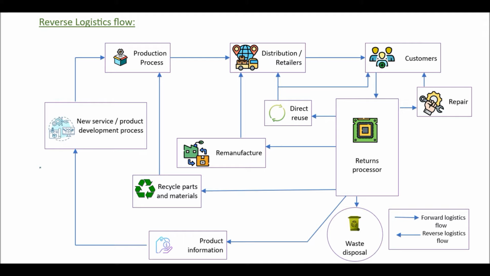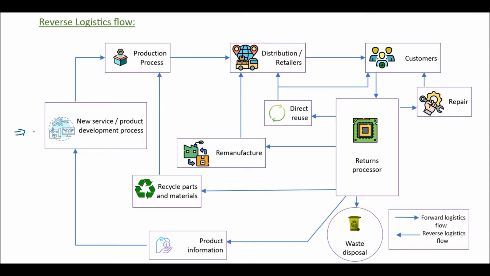So this is a typical closed loop supply chain, as you can see. Now as part of the forward logistics, a product starts its journey at the new service or product development process step, which is this one here. This is where the inputs are received from the marketing team on demand for a new product or service as per the customer's requirement.